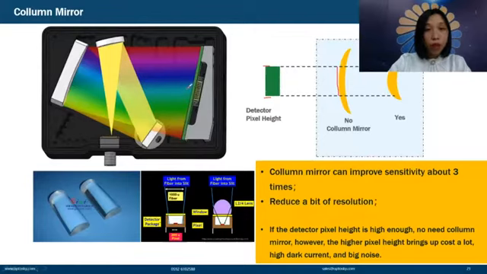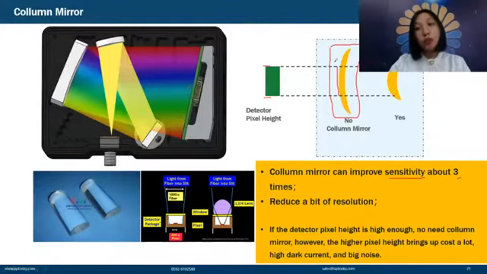The cylindrical mirror is usually installed in these places. It can improve sensitivity about 3 times, although it can reduce a bit of resolution. But suppose we have a longer detector pixel height like this one. What problems can it bring us?